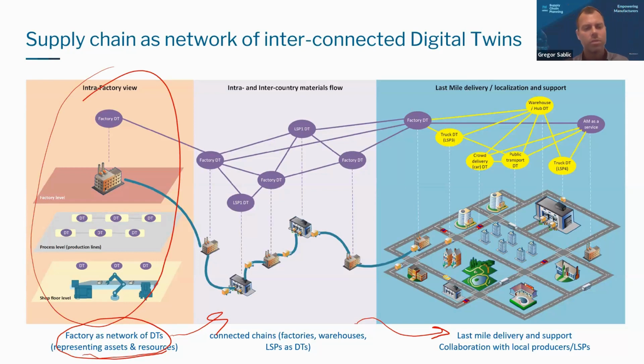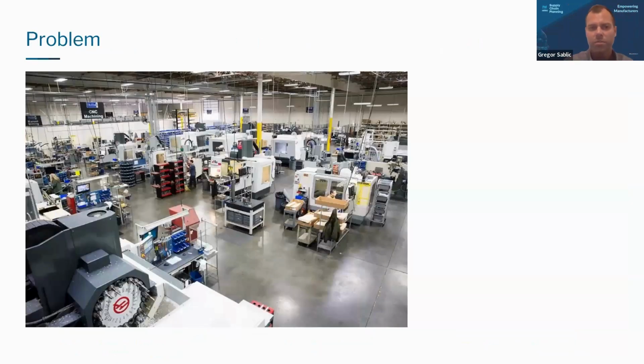And now if we put ourselves in one production plant, one production site, what is the problem here? The problem is that we need to effectively manage multiple resources in this certain production plant. One resource is machines, so these are physical assets or workstations.